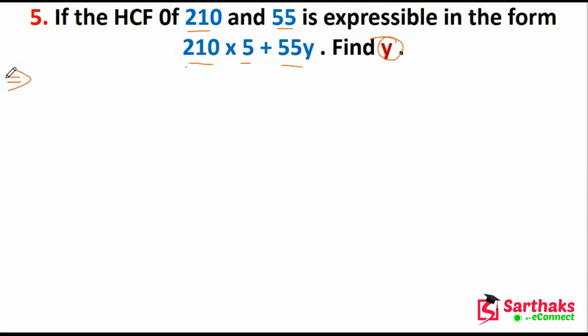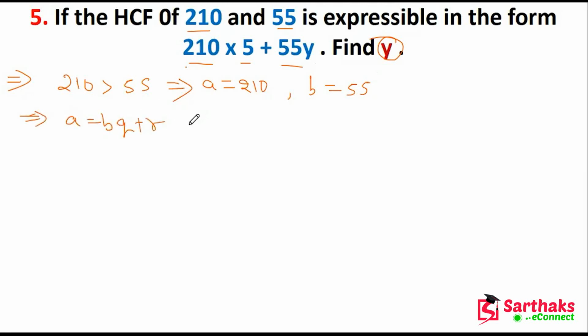Yes, by Euclid's division lemma, 210 is greater than 55, so our a is 210 and our b is equal to 55. Now what is the relation? a is equal to bq plus r, and here we put these values.